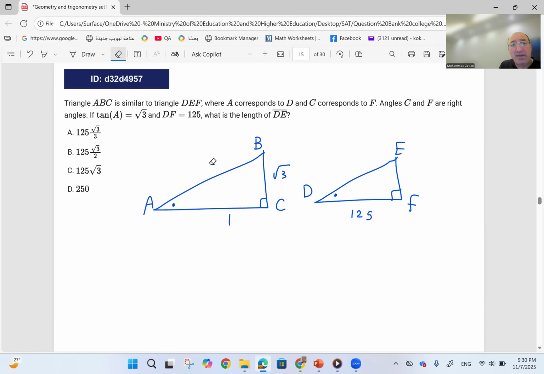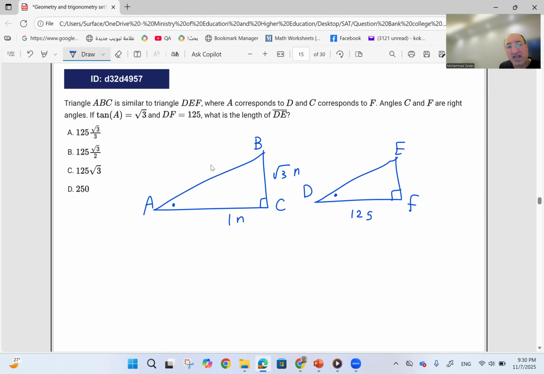By applying the Pythagorean theorem, consider one side is 1n and the other is radical 3n. Without the n, 1 squared plus radical 3 squared is equal to 4, so the hypotenuse must be 2. So 2, 1, radical 3.